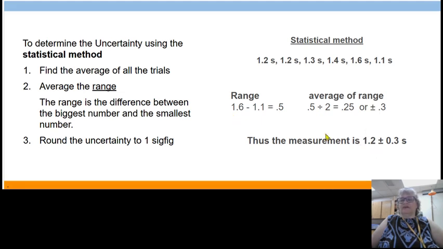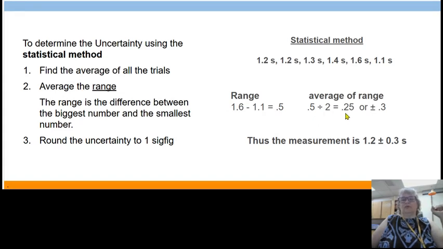Then to find the plus or minus number, you're going to take the biggest number minus the littlest number and then divide by 2. If I look in my data, 1.6 is my biggest number, 1.1 is my smallest number. If I subtract those, I get 0.5. That's my range. I then divide it by 2 and I get 0.25.